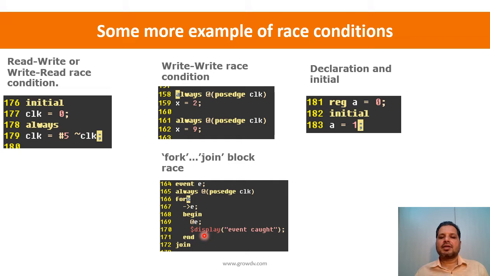So these are different ways in which scheduling order indeterminism can lead to different behavior, which is not acceptable, and that is the essence of a race condition.